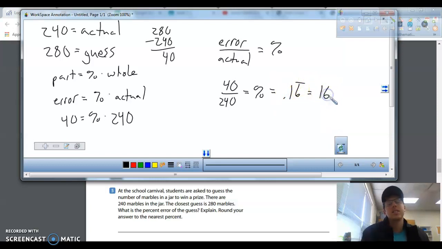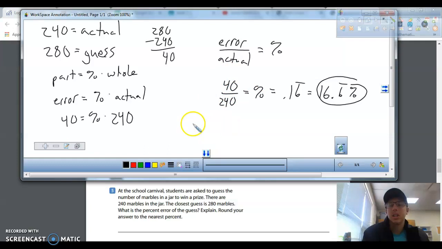So you would say it's 16%, but you got to remember that decimal's repeating. So when you move this decimal over, there's actually a bunch of 6's forever out there. So it's actually 16.6 repeating percent. Okay? That's how much they were off by. That's their percent error.